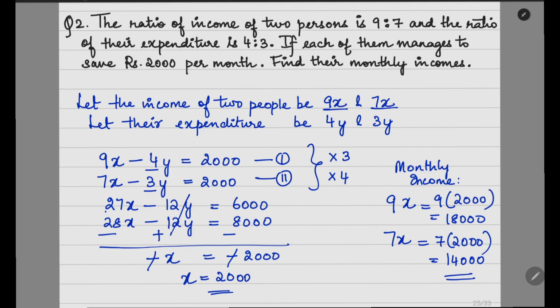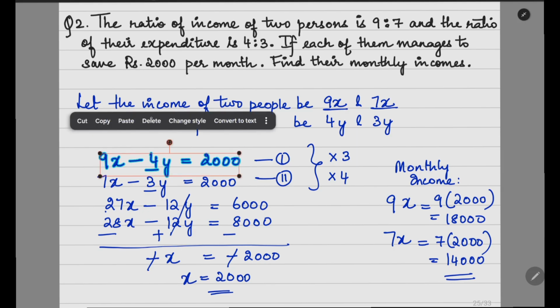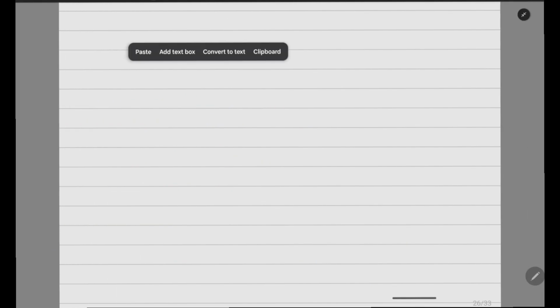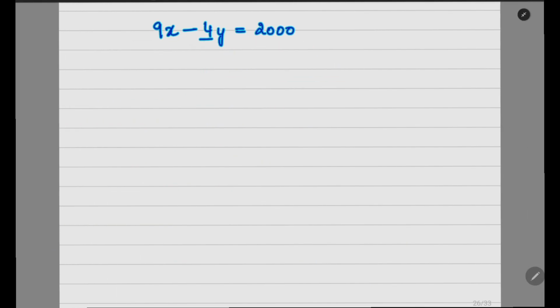This is the answer. However, whenever you are given a pair of linear equations, you should always calculate the other variable as well. So what did you get x as? x is equal to 2000, right?